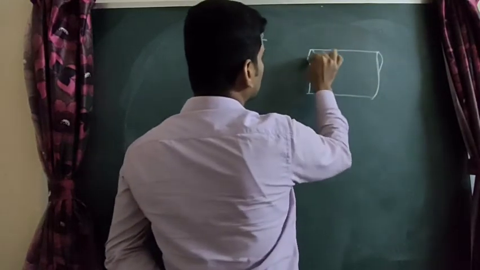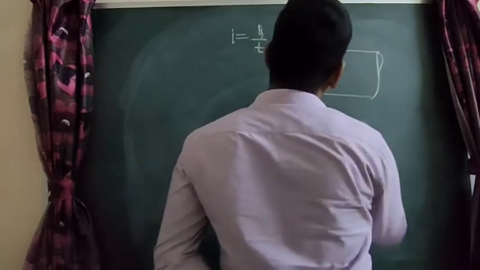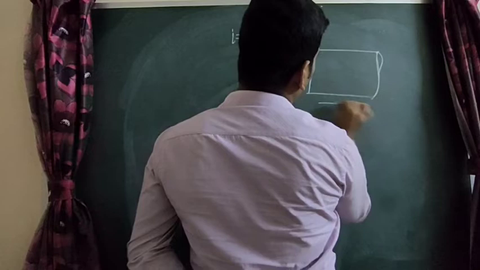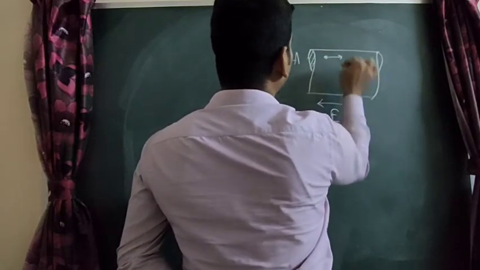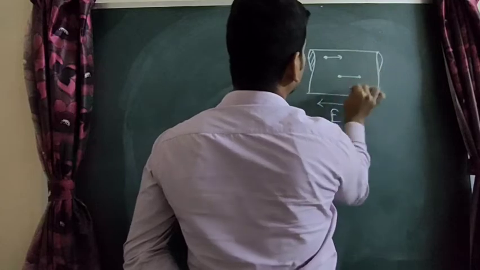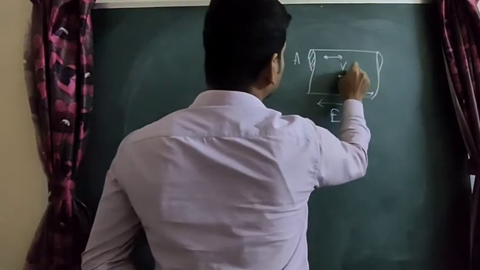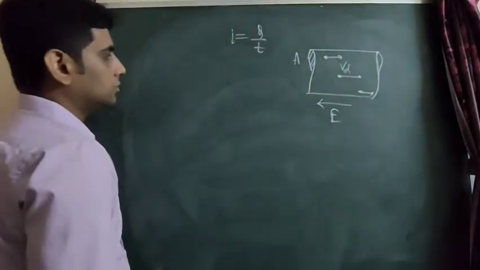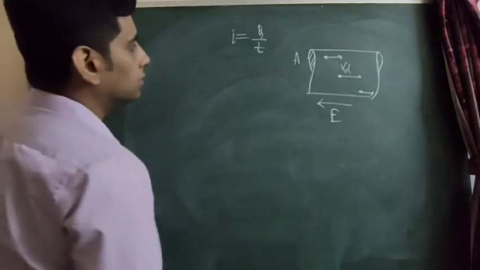If we consider this to be the cross-sectional area of the conductor, that will be A. And the electric field is given in this direction E. Electrons are moving in this direction with the drift velocity Vd. Okay. So what is the total charge flowing?